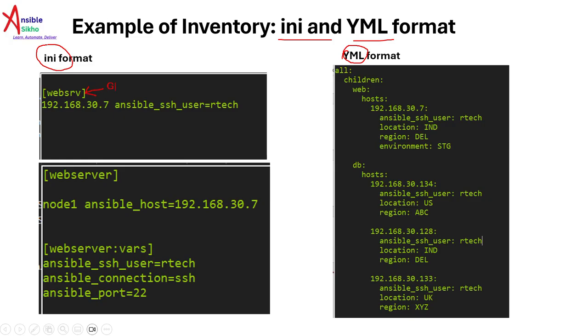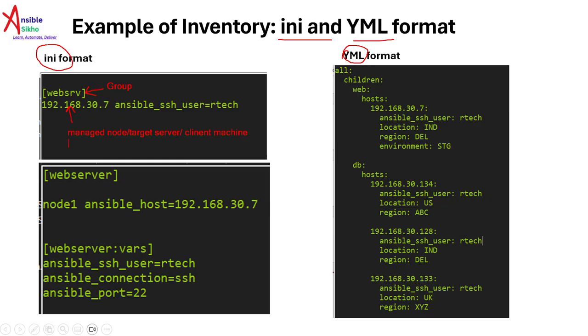This is nothing but your group, and this is nothing but your host, sorry, it's not a control node, it's a managed node or target server. We can say target server or client machine.